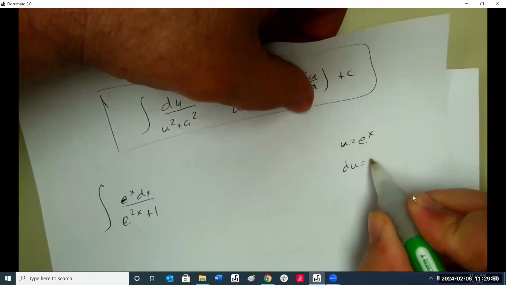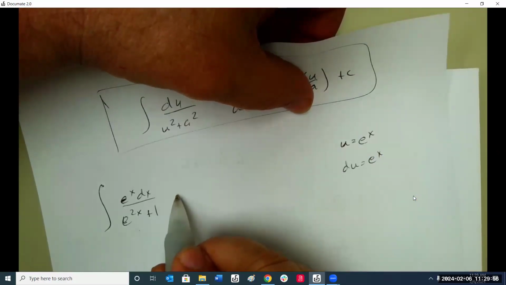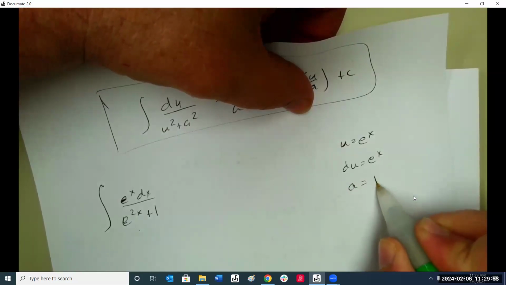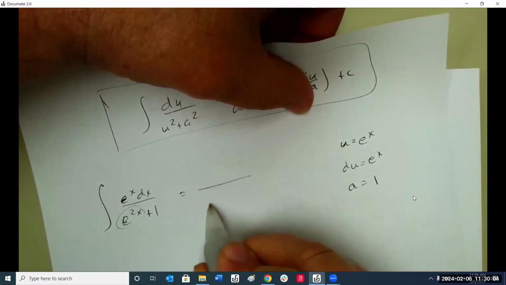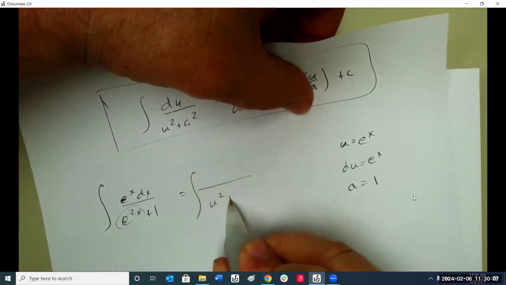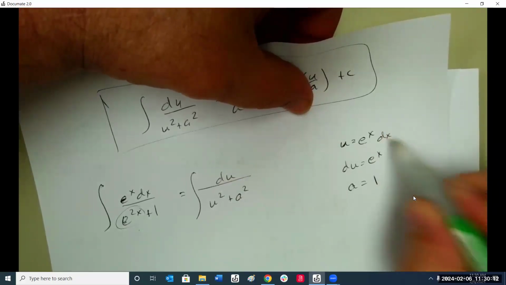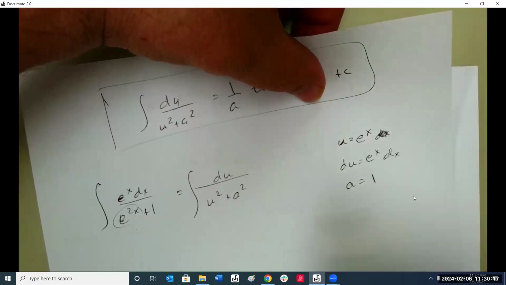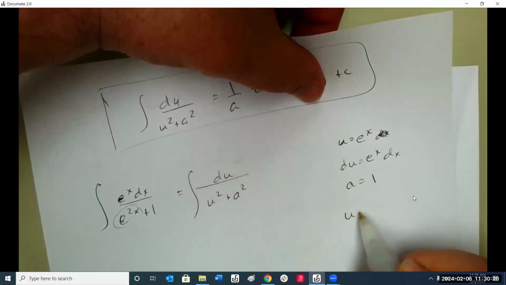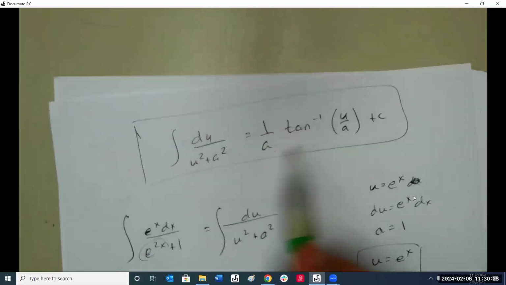Our du is e to the x dx. And our a is 1 because it's u squared on the bottom. We have the integral of u squared plus a squared du. Okay. So we have to label our u is e to the x, our a is 1, because we now have to plug those inside this equation.